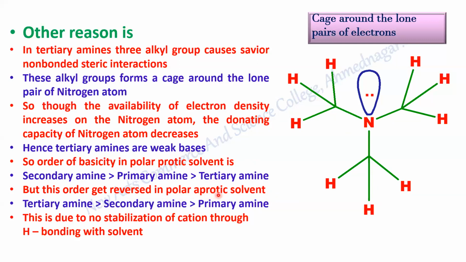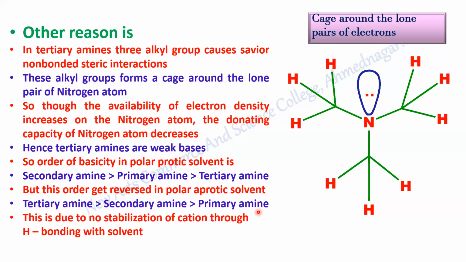So what happens in polar aprotic solvent? In polar aprotic solvent, there is no possibility of solvation. As solvation is not possible, of course the order is now changed. That time tertiary amine is a stronger base as compared to secondary, as compared to primary amine.